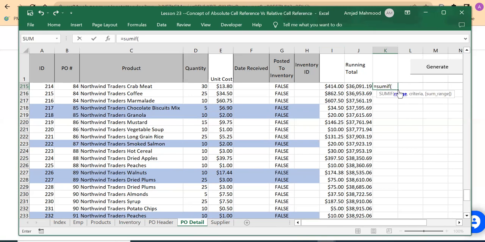The range is where we want to sum, so here comes the absolute address. We want from here, and we press F4 here so that it becomes absolute.